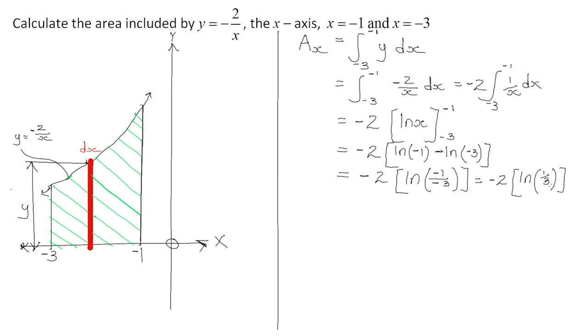And now, please don't let that negative trick you. Now you go to your calculator, and once you punch that in, you will get a nice answer of 2.197. And because you've calculated area, area is always given in units squared.